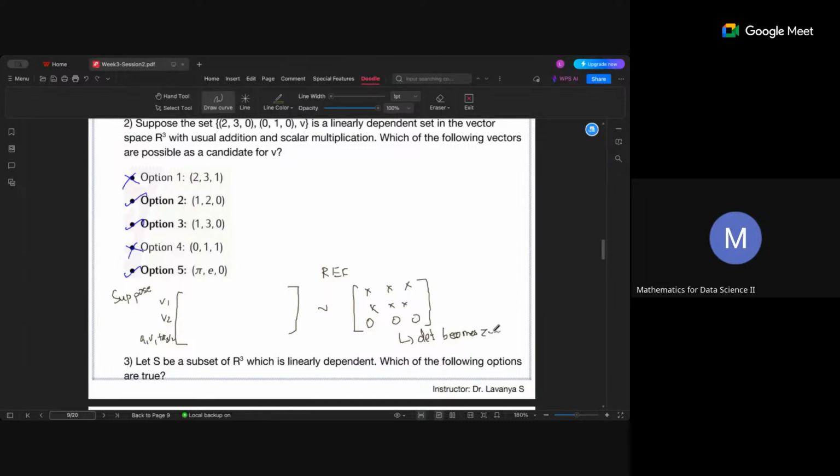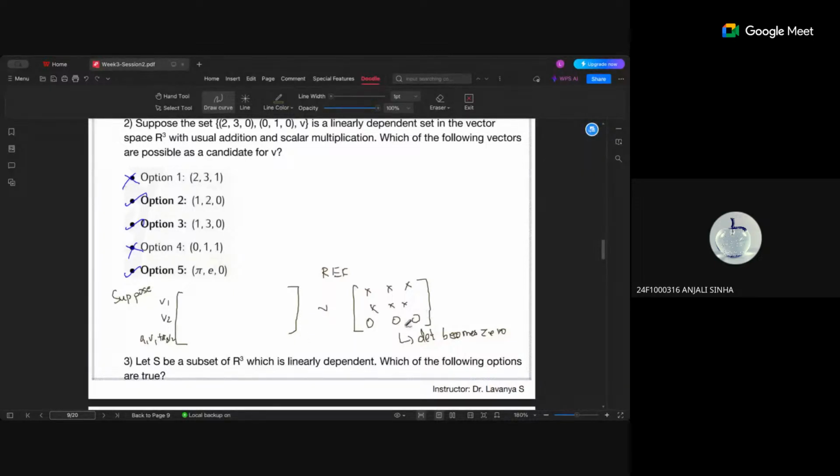It means whenever there is a row or column which is a linear combination of the other rows or columns, then the matrix determinant is 0. This is something which we have as an application of row reduction here.